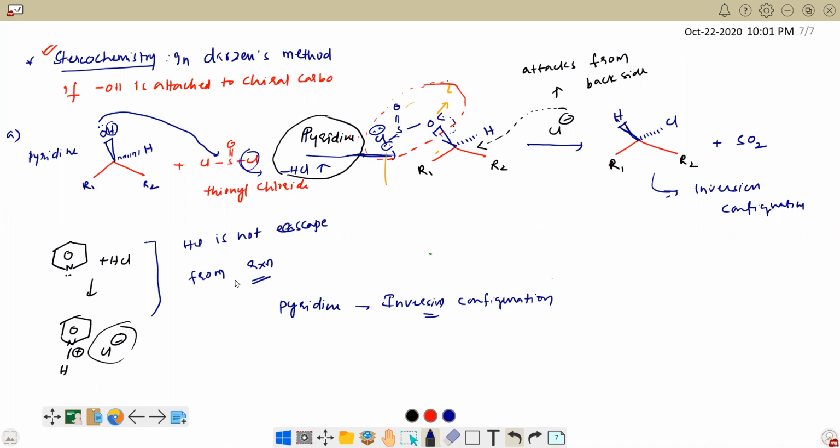So it gives Cl minus, which is a stronger nucleophile than the Cl attached to the SO group. So the product is always inversion. So it is up to you: depending on where you desire to put the Cl, you have to choose the conditions accordingly.